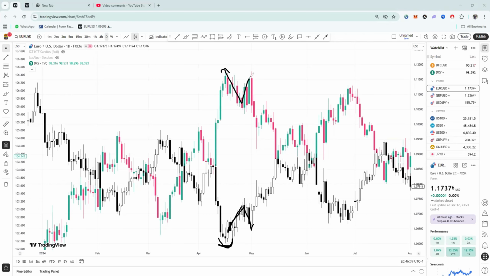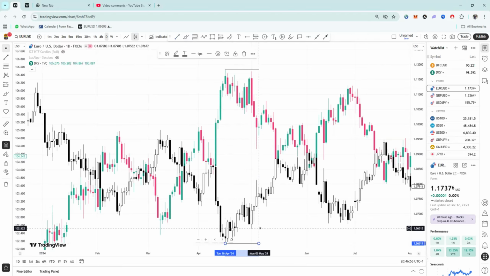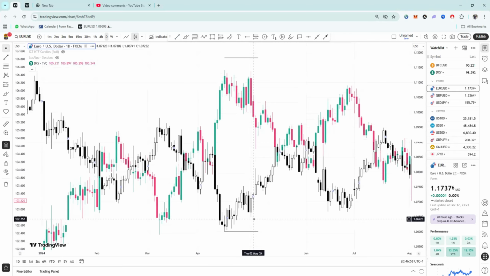Then as DXY was going back up, Euro was also going back down. Now you see the height at which these pullbacks happened. You will notice that DXY almost took out this high, and then you see how far Euro USD left its own low.